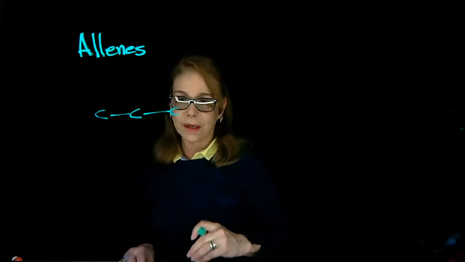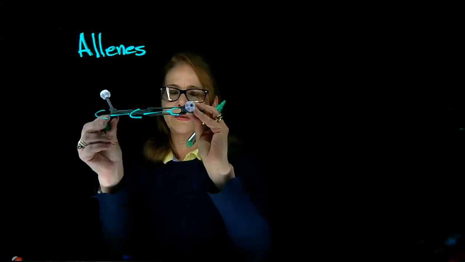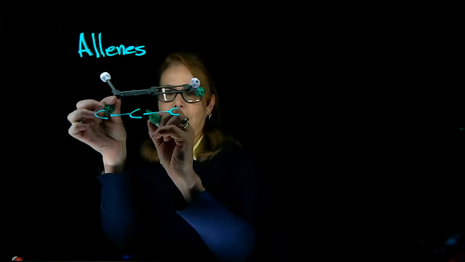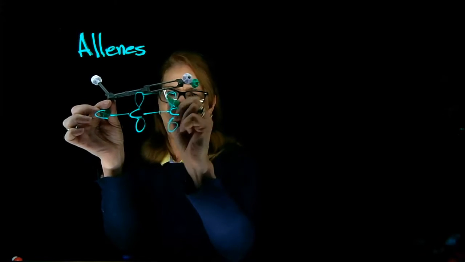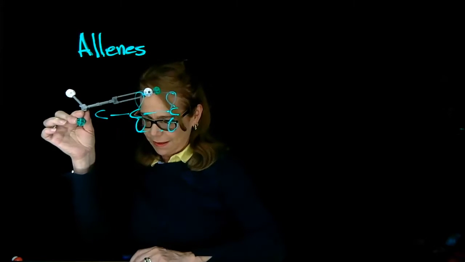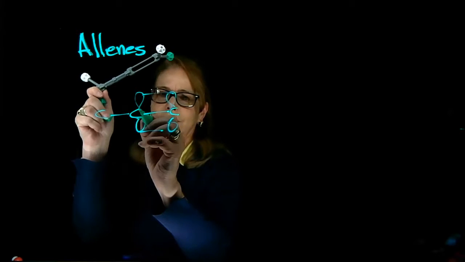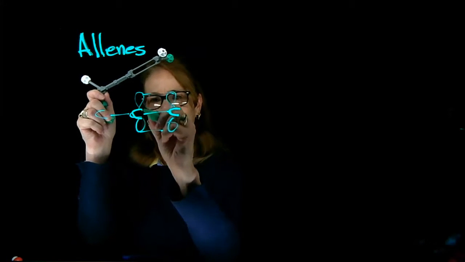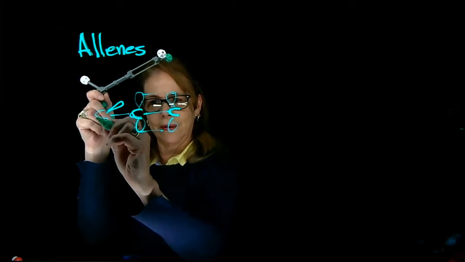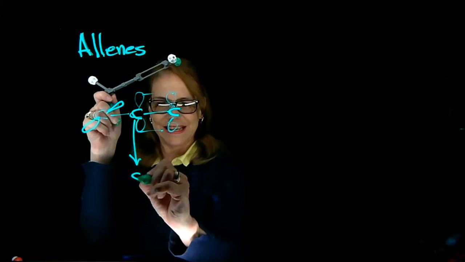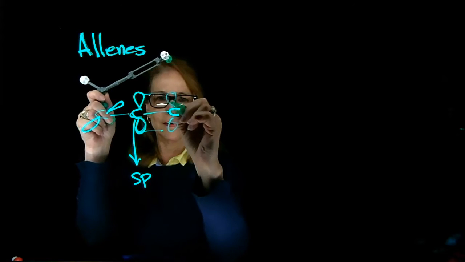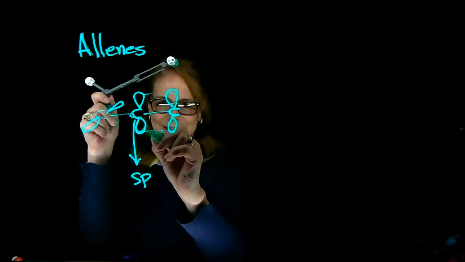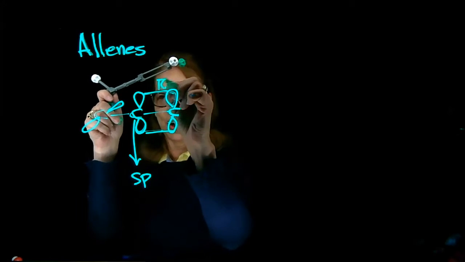Here it's showing a pi bond like this, and then for the other carbon, the one in the center is sp hybridized. I'm just making this a bolder line. So this is my pi bond.